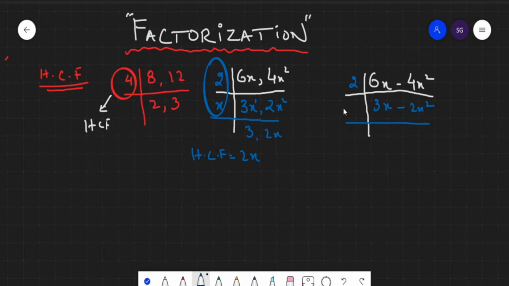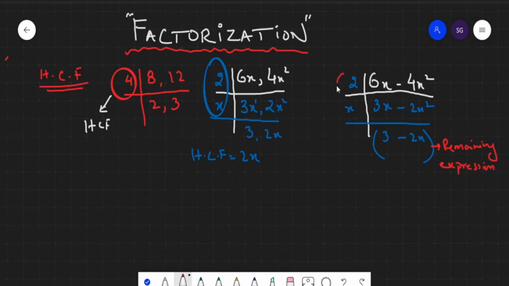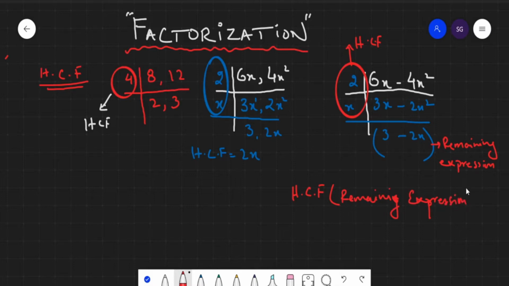Then among the variables, x is common, so we are left with 3 minus 2x. As you might notice, this 3 minus 2x is the remaining expression. Our HCF is the product of these two terms. If we write the HCF times the remaining expression, we get 2x times 3 minus 2x. So you can see that this is the factorization done.